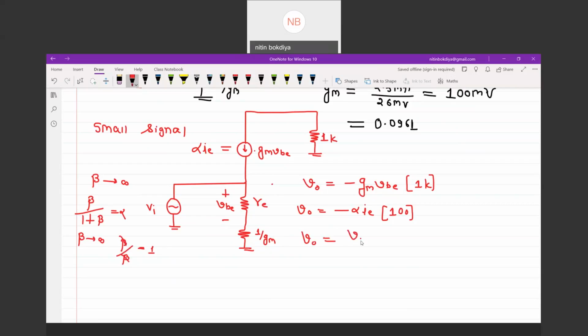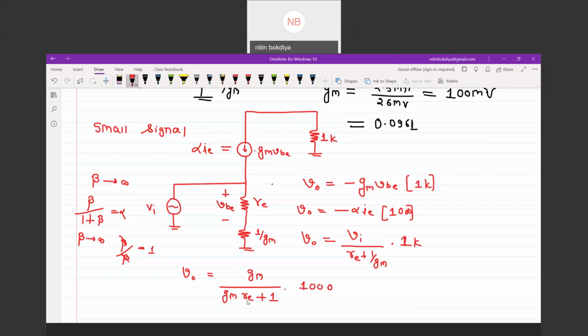It is Vi divided by RE plus 1 by GM, multiplied by 1000 or 1K. So V out is equivalent to GM into RE plus 1, into 1000.